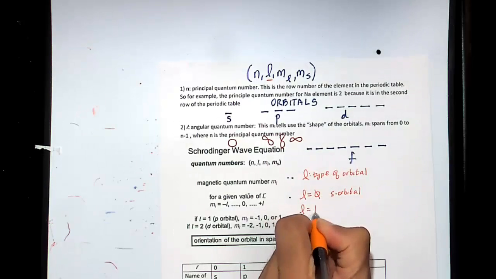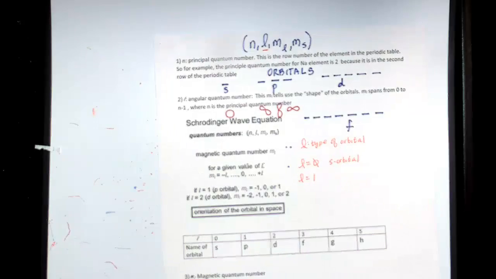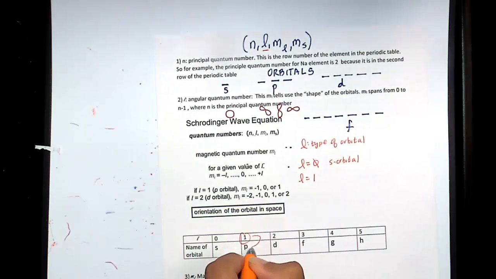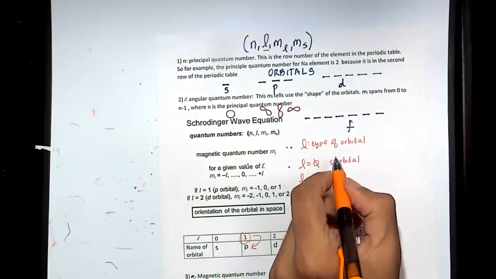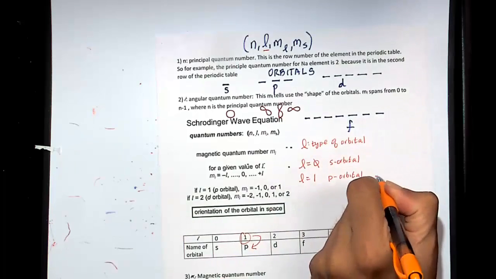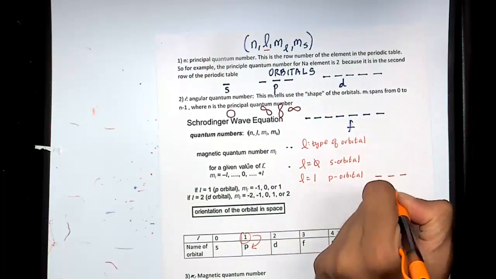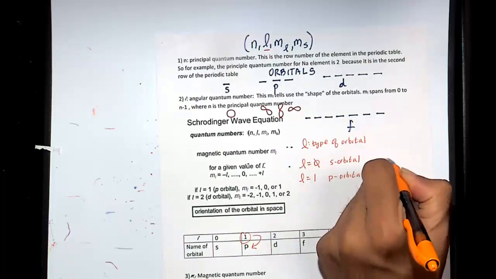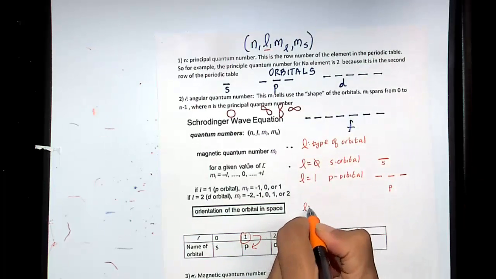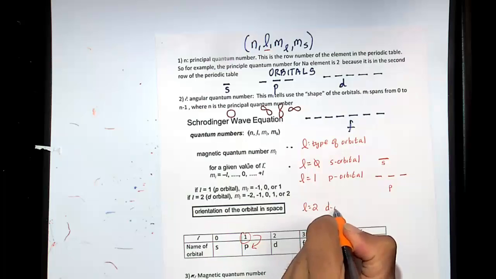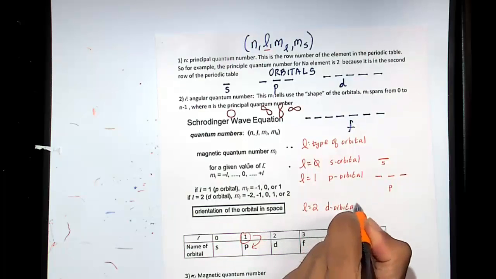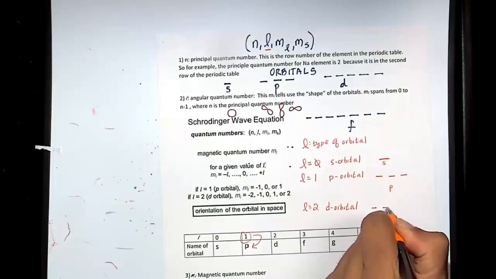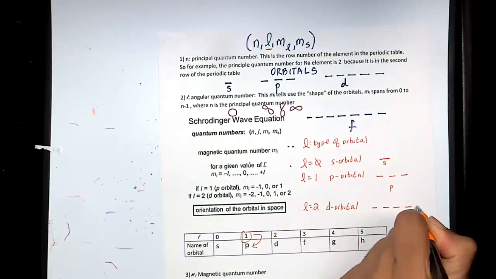If your l is 1, you just have to memorize this code. That's the code for a p orbital, which has 3 slots, 1, 2, 3, and then the s orbital has just 1 slot. If l equals 2, we're talking about a d orbital. And remember, the d has 5 slots, 1, 2, 3, 4, 5.